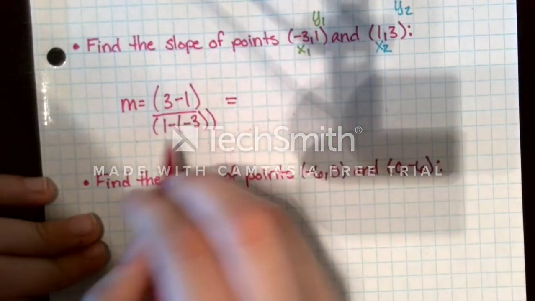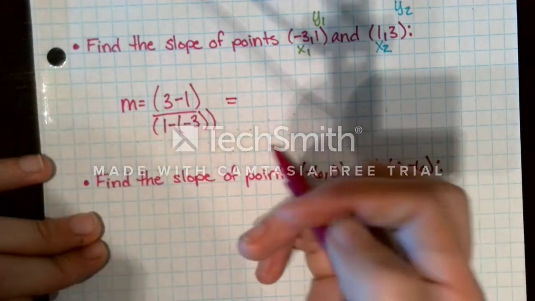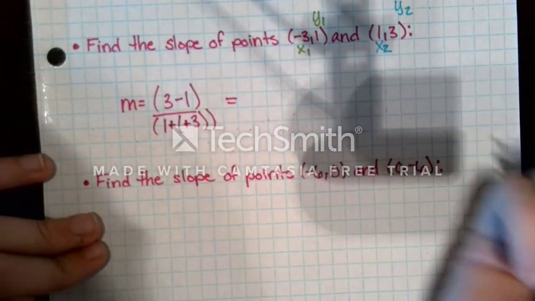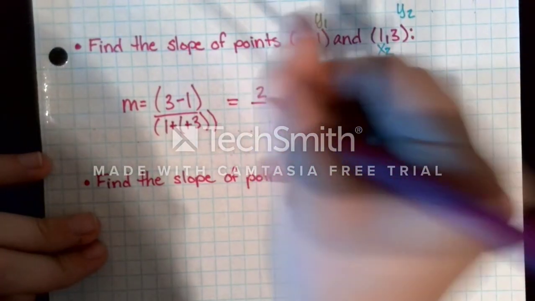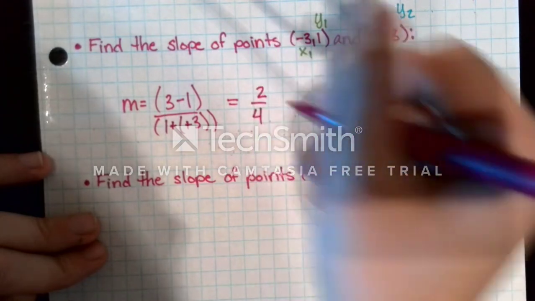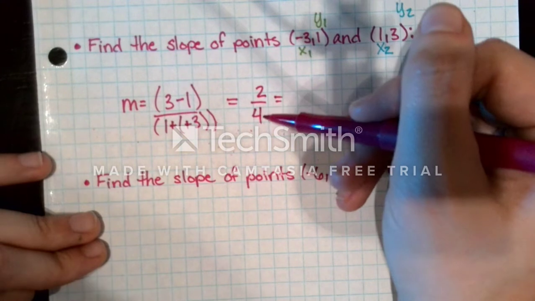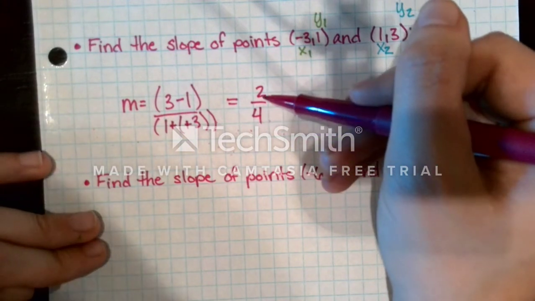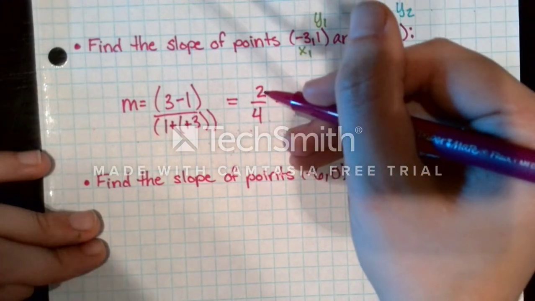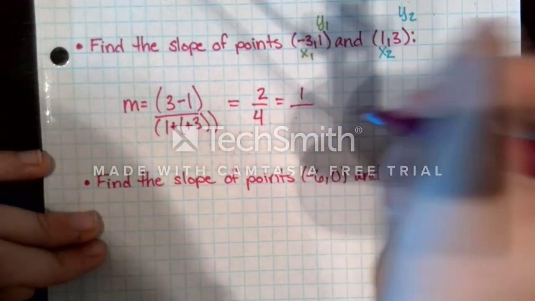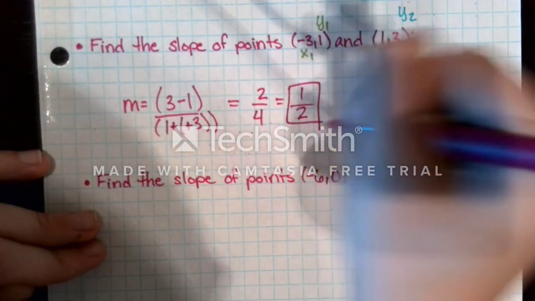Remember, when you have these negatives subtracting from a positive, change your signs. Now you have 2 over 4. And since this doesn't divide cleanly, we can find a common factor between each one. I can simplify by 2 for both of these. 2 divided by 2 is 1. 4 divided by 2 is 2, leaving your slope to be just 1/2.